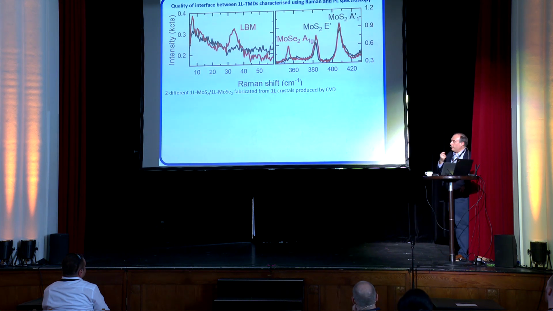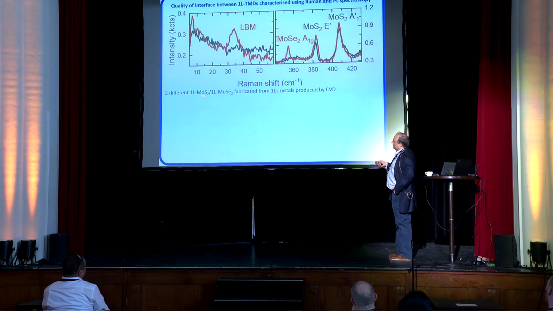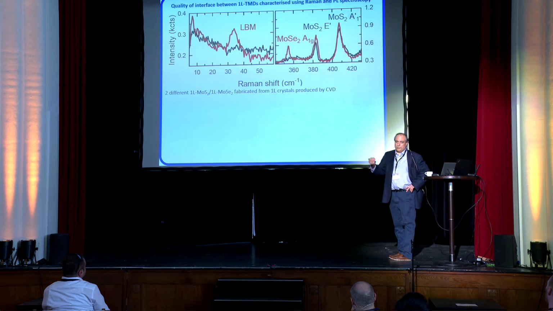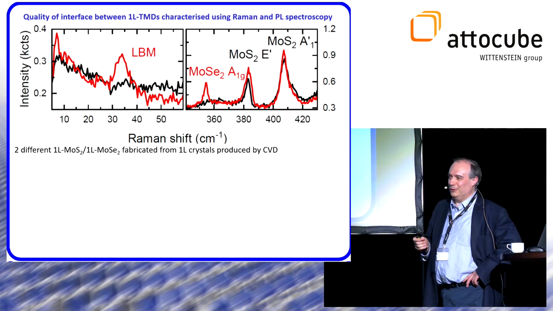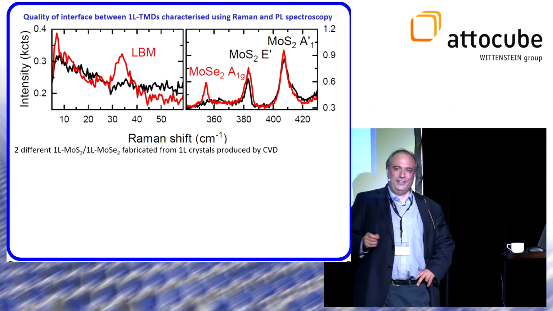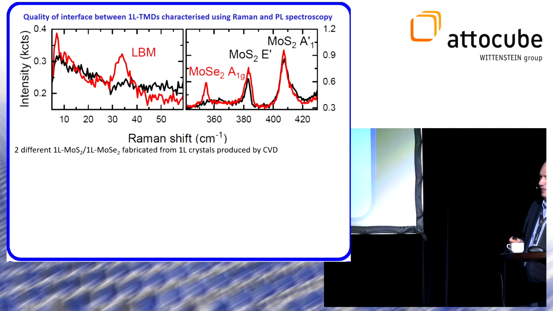And this is very useful when looking at the layer-breathing modes, because, for example, these are one layer MoS2 on one layer MoSe2, which will be my final part of the talk that I will not be able to give. That's the one part where the autocube was used to do magnetoresonance and so on, and to study many interesting things about the interlayer excitons.